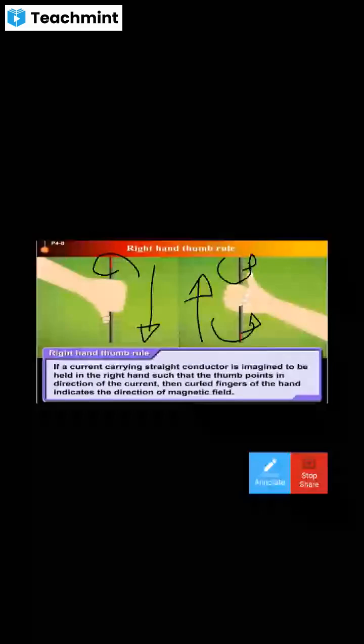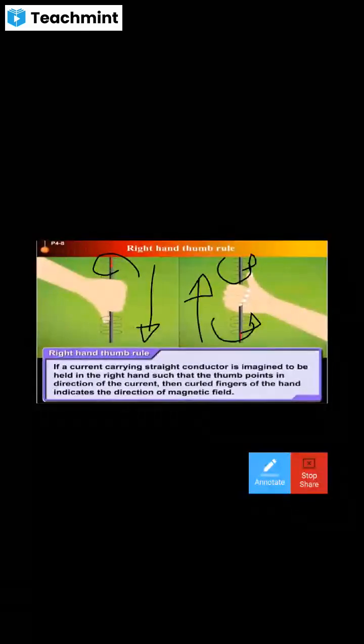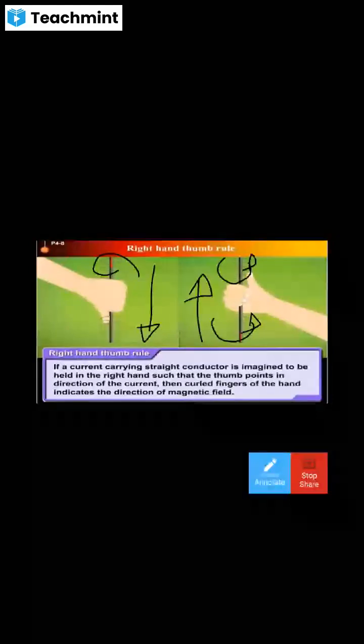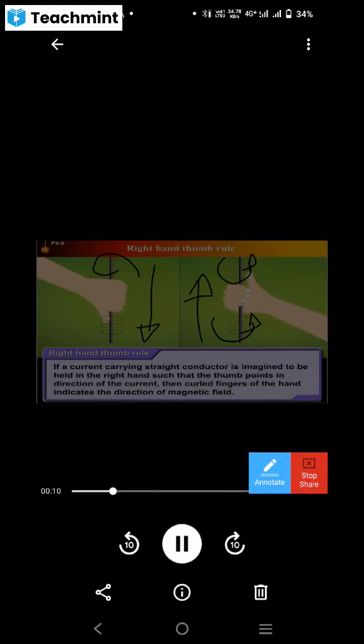So if a current carrying straight conductor is imagined to be held in the right hand such that the thumb points to the direction of the current, then the curled fingers of the hand indicate the direction of the magnetic field.